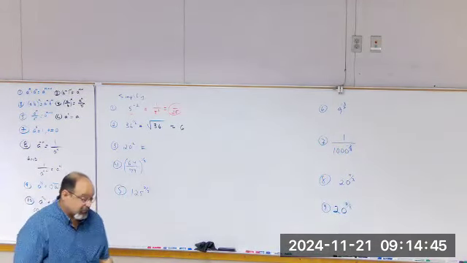Or you can look at it and go, all right, 2 to the fifth is 32, and then 10 to the fifth, I'm going to have 5 zeros. 32 and 5 zeros.